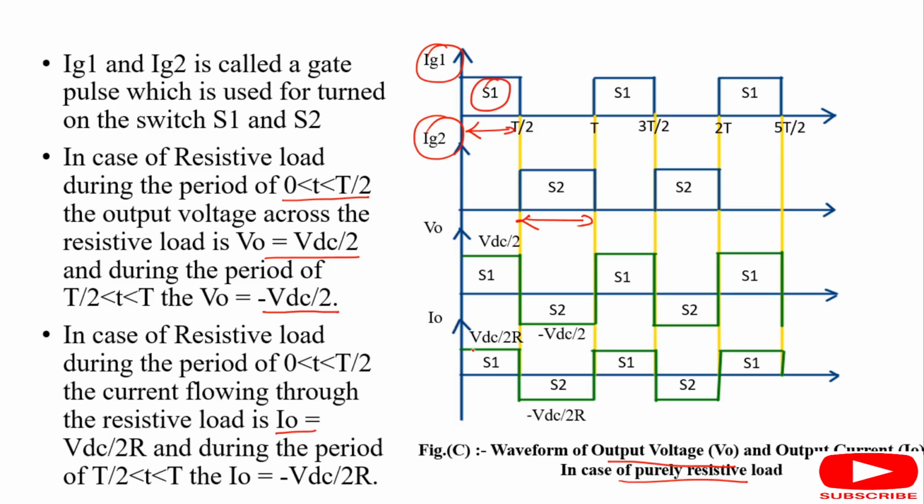So the magnitude of the output current is VDC by 2R for the period 0 to T by 2, and minus VDC by 2R for the period T by 2 to T. So in case of a purely resistive load, the waveform of the load current is the same as the waveform of the output voltage, but the magnitude of the output current is less compared to the magnitude of the output voltage.